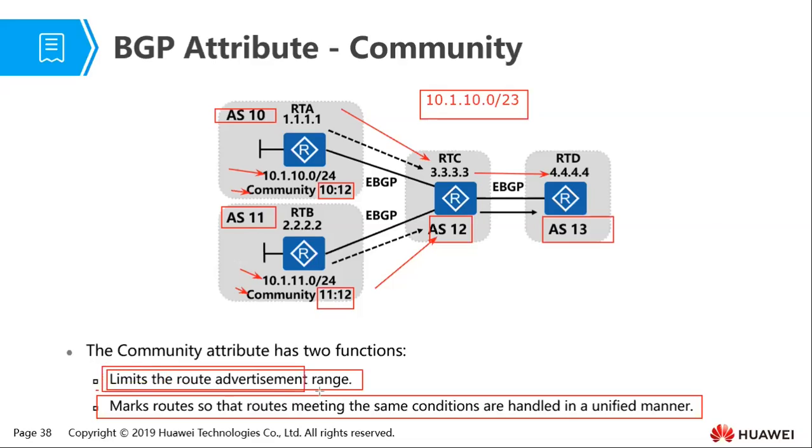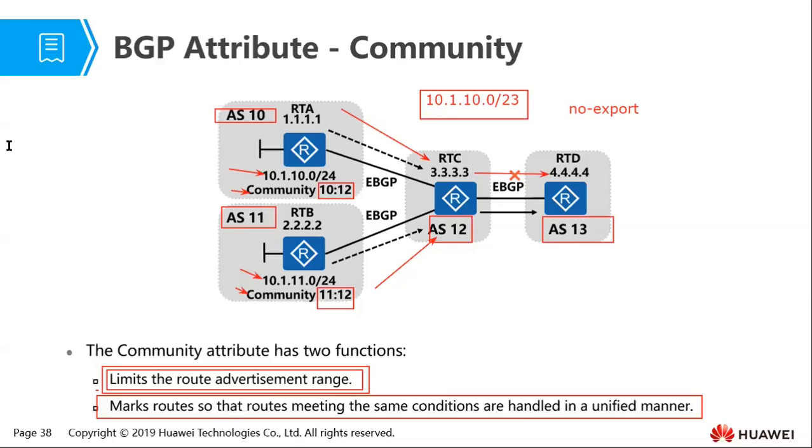When we don't want you to advertise it further, when configuring the community attribute, we can use what we call the no export parameter, to ensure that when you get this particular route, you're not going to advertise it to the next autonomous system. So we use the no export parameter.